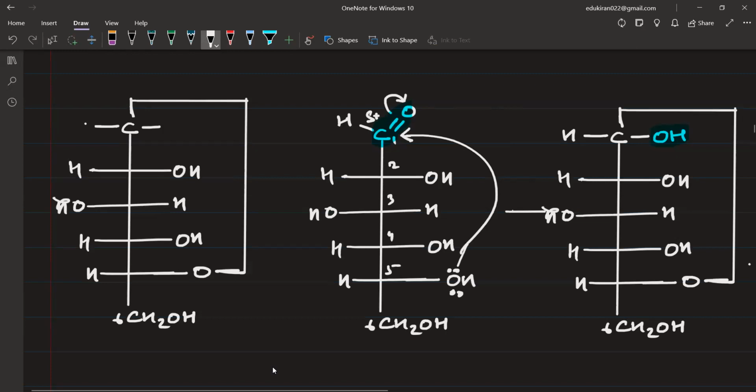Or else you can have the OH on the left side. Okay, so these are the two positions on which you can have OH.